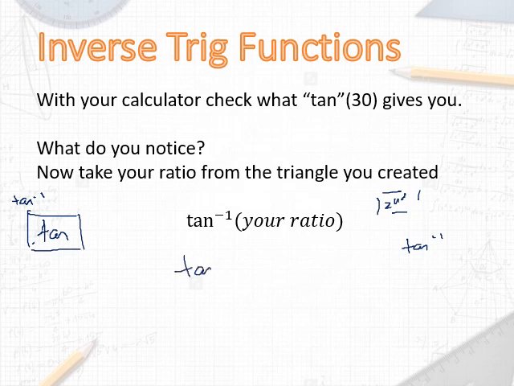So if we do tan inverse, now if you hit second function and that negative button on the bottom, which basically gives you the previous answer, so you just drag the previous answer in there, you will get 30 degrees back again.